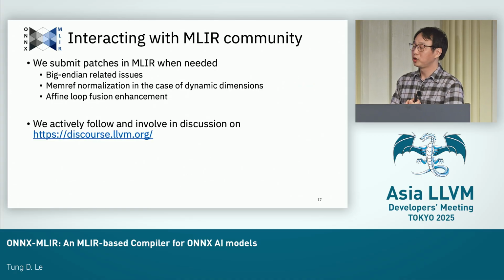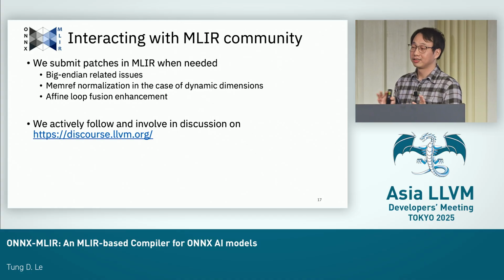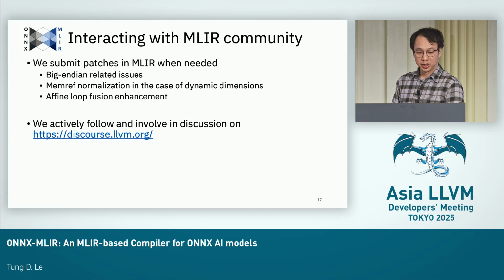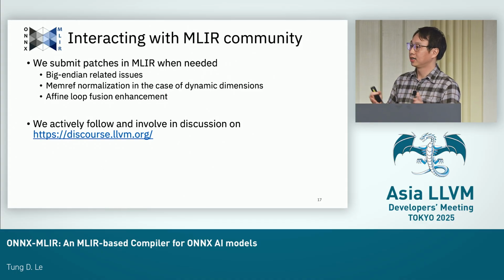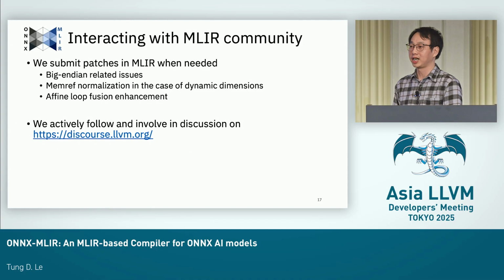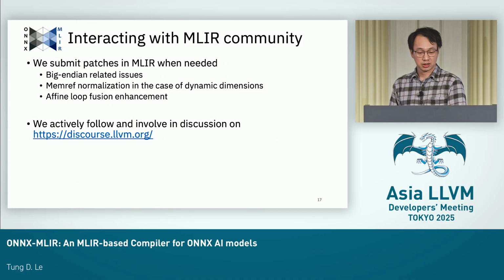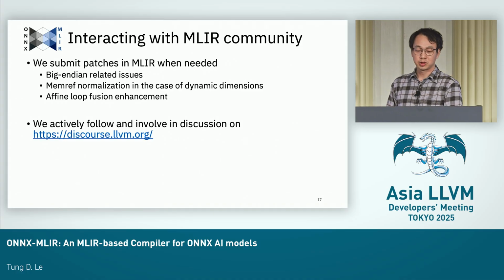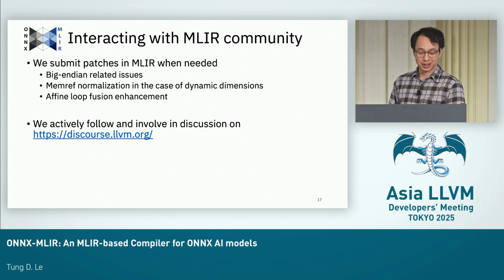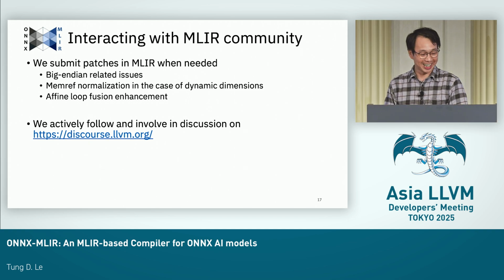And during the development of ONNX-MLIR, we often interact with the MLIR community. Whenever we see any problem, we want to upstream and contribute to MLIR first. Actually, we can do our own hacking, but it's better to submit to MLIR.